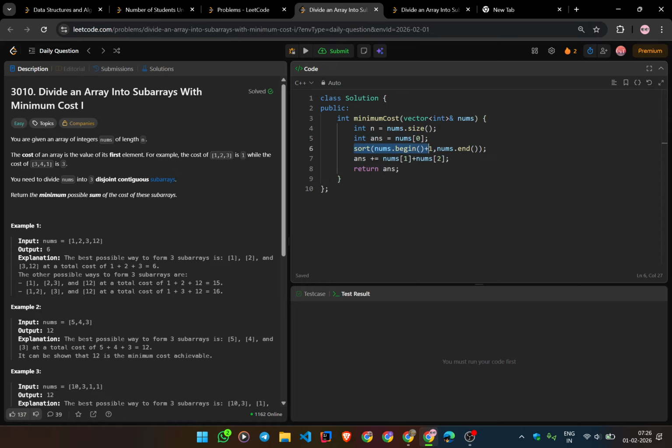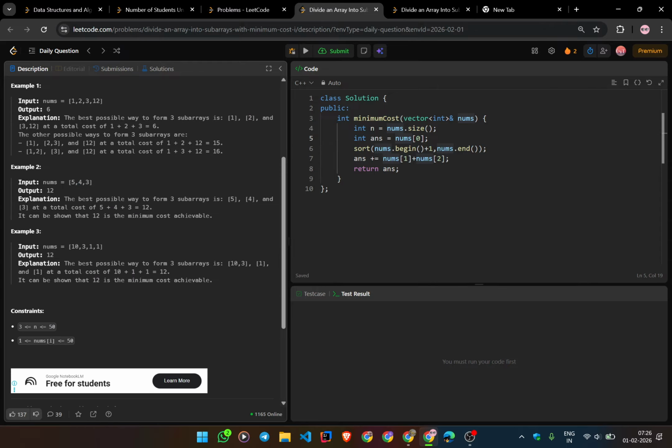Then we sort from nums.begin() plus 1. In this sorting we do not consider the first element of the array, because we have already added it to our answer.